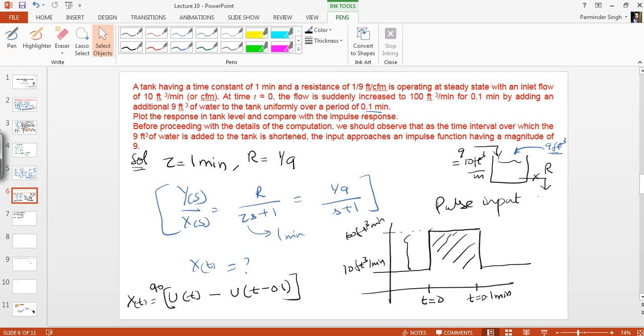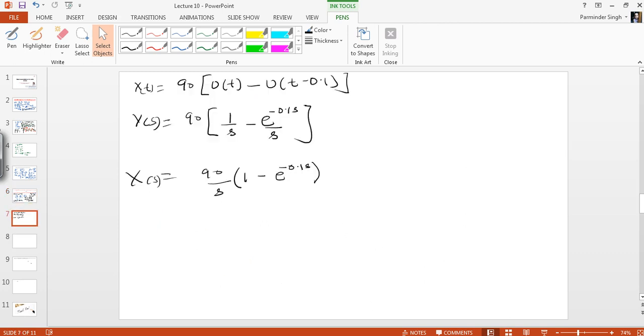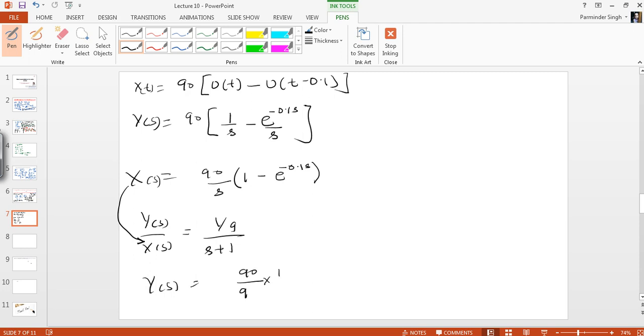Now we know Y(s) upon X(s) is 1 by 9 of s plus 1. We know X(s), so put this value in and we have Y(s). Y(s) comes out to be 90 by 9 into 1 by s into s plus 1 of 1 minus e to the power minus 0.1 s.